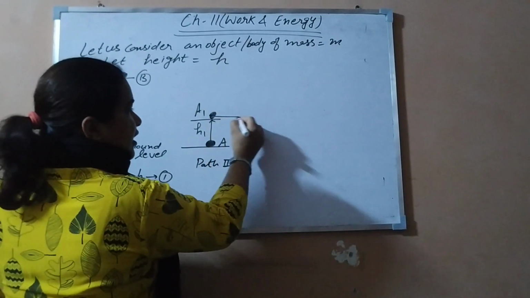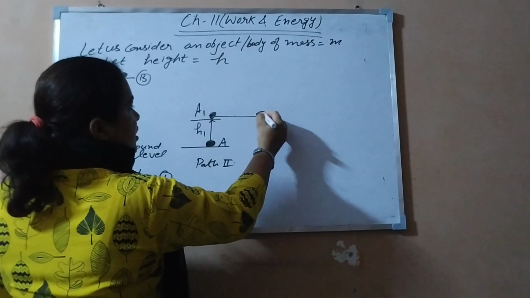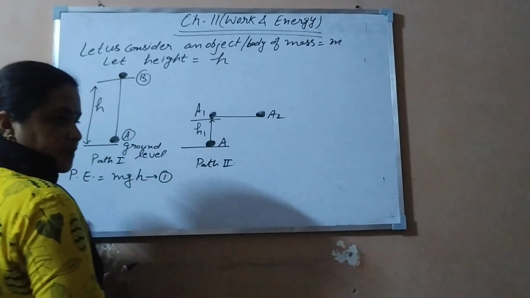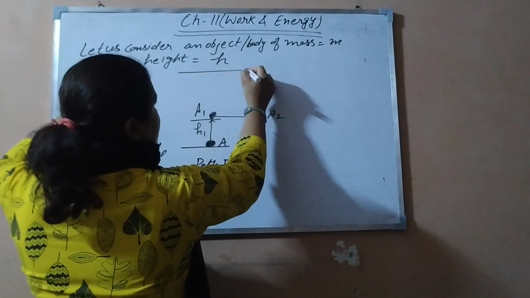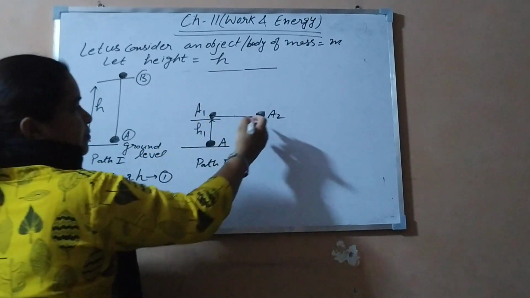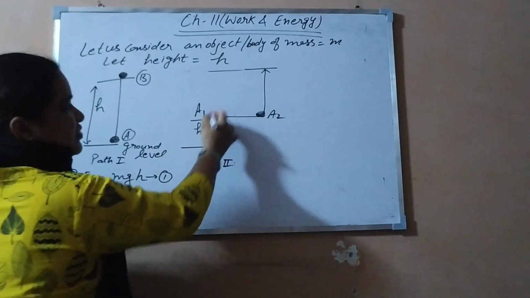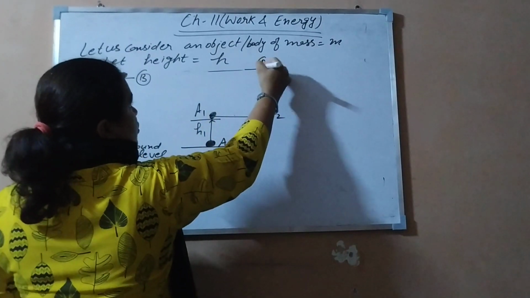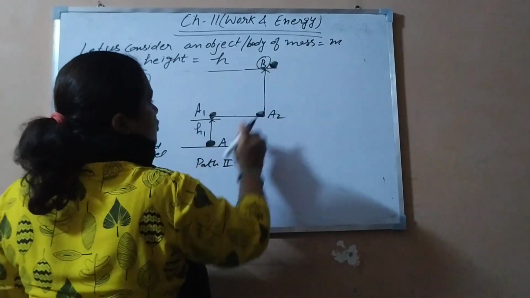After that it moves horizontally from A1 to the A2 position, and then it reaches the same height, because we are considering the height to be the same. So it reaches position B, but this time the path is different.